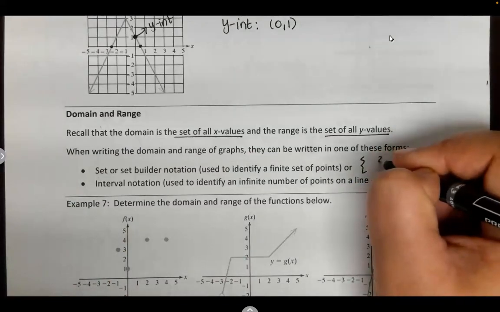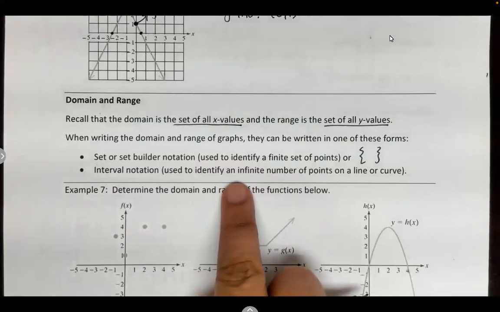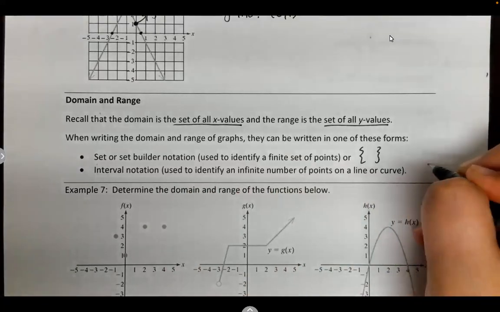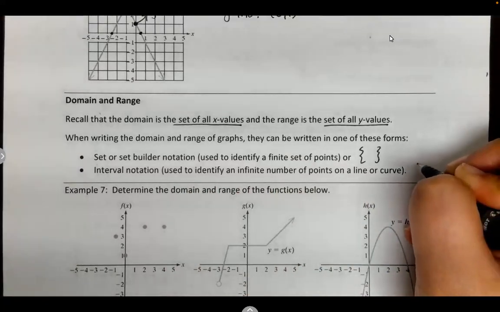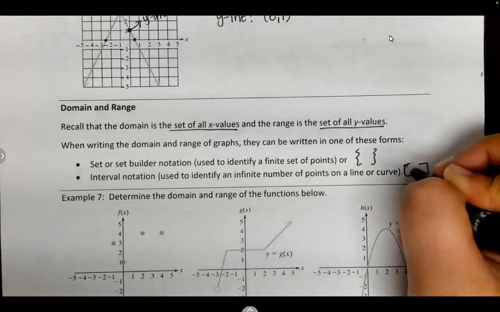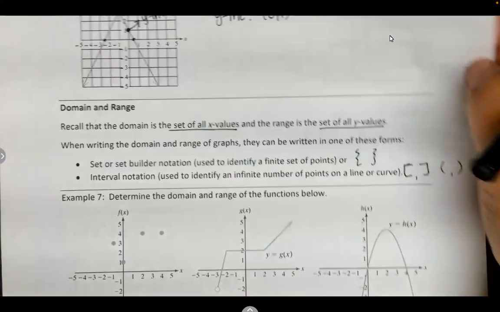You write it down like this. Interval notation is used to identify an infinite number of points on the line or the curve. Interval notation could be in the curly brackets, in the brackets or the parentheses.